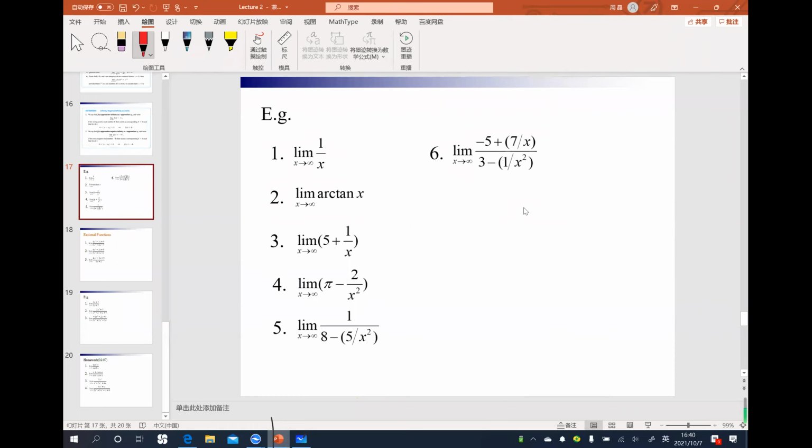When you write the solution, don't forget to write the equal sign. Every step you should write an equal sign.